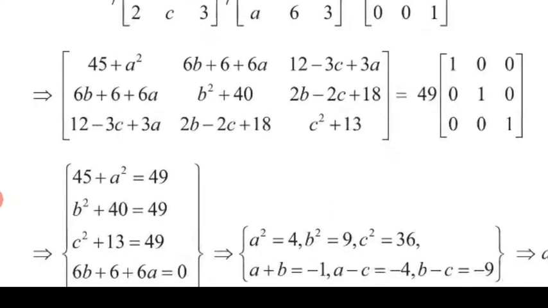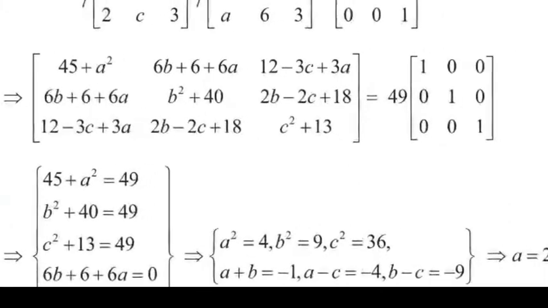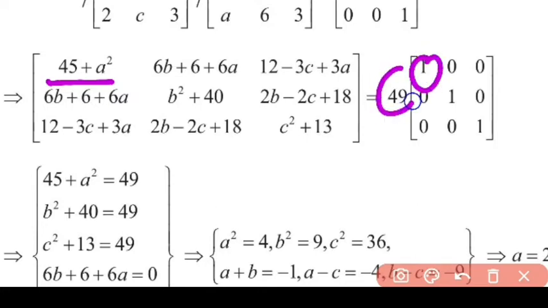If two matrices are equal, then the corresponding elements are also equal. So from these, we take 45 plus A square equal to 1 into 49, which is 49.